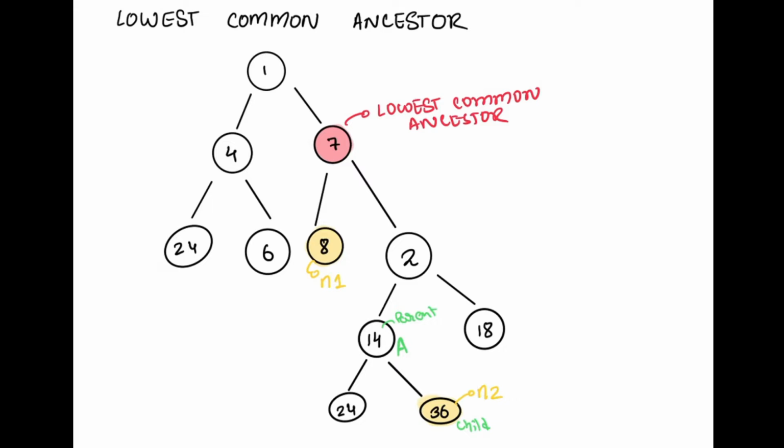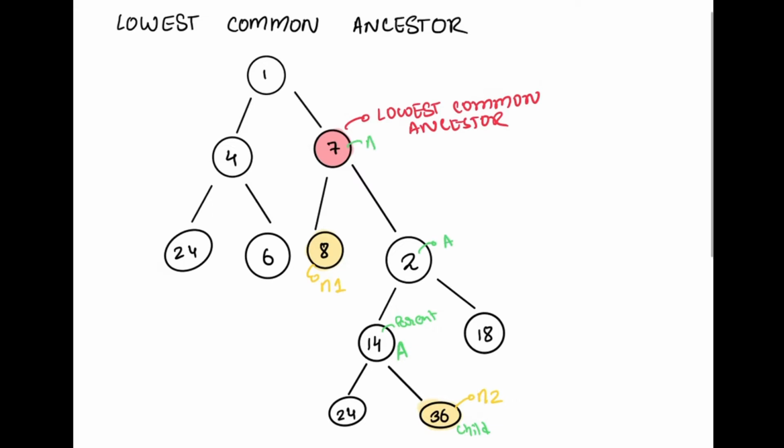So 14 is an ancestor of 36, and to be precise it is a parent. And then 2 is the parent of 14 and therefore is the ancestor of 36 as well. So 2 is also the ancestor of 36. 7 is the ancestor, and yes, of course, root is the ancestor of every single node on the tree except itself.